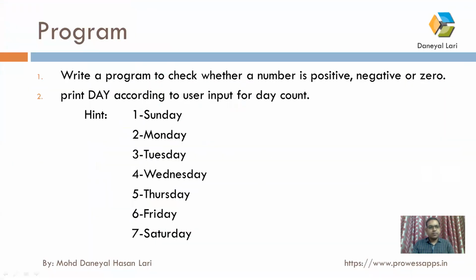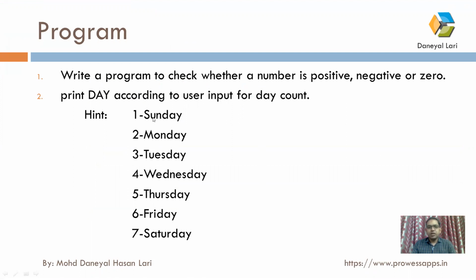Let's do one more practice. Print the day according to the user input for the day count. There is a hint. If user input is 1, then it should print Sunday. If user input is 2, then it should print Monday. And for 3, Tuesday. For 4, Wednesday. 5, Thursday. 6, Friday. And 7, Saturday.